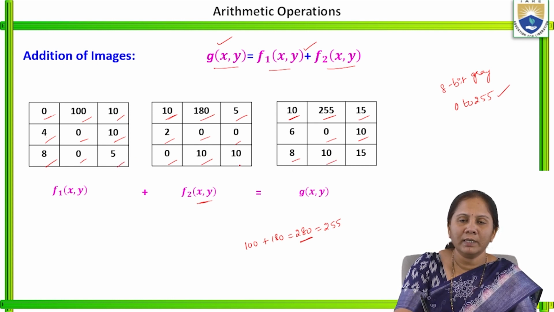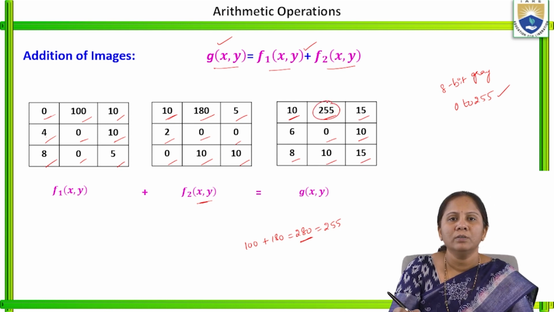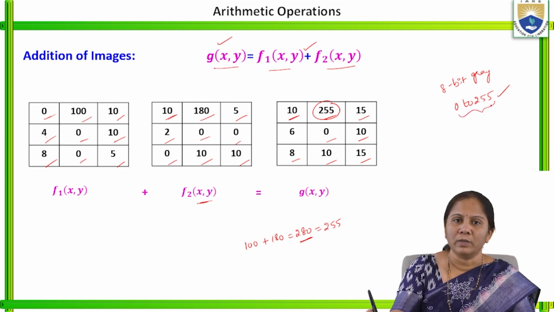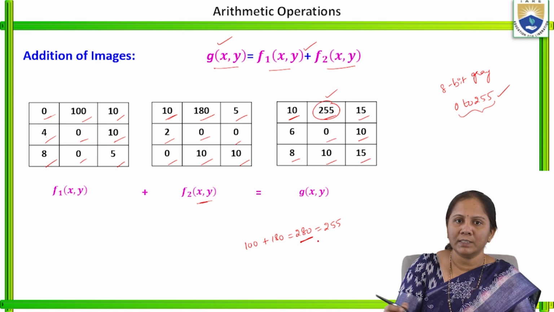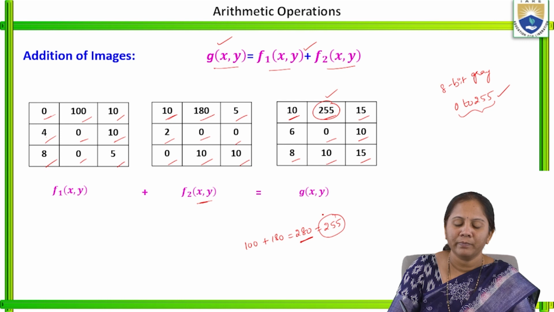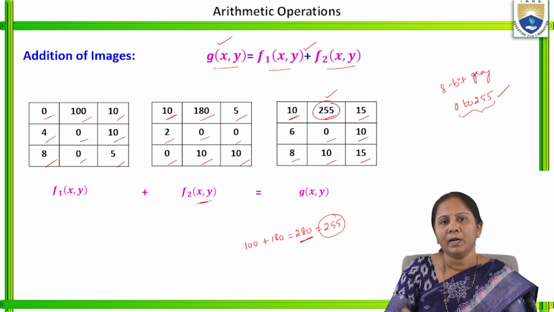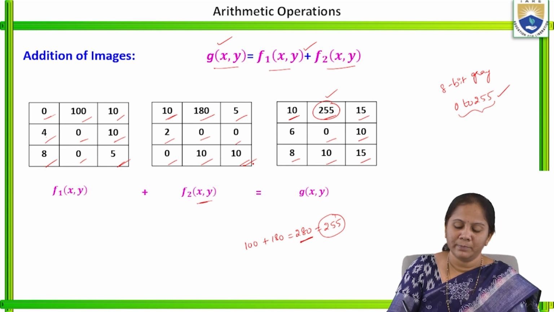And 5 plus 10 is 50. Except for one value, all the other values are within the range. Only for this value we got 280, which exceeds the limit, so we rounded that to 255. This is how we perform addition until all the pixels are completed.